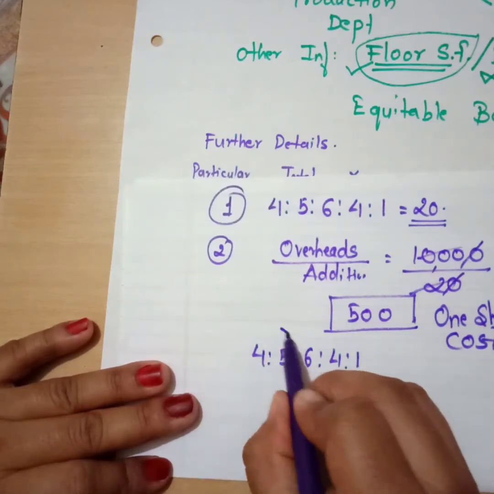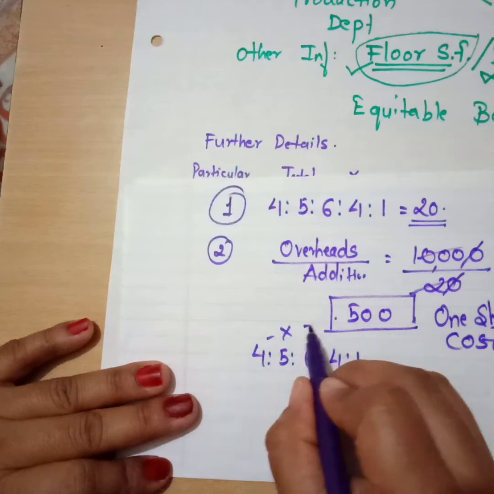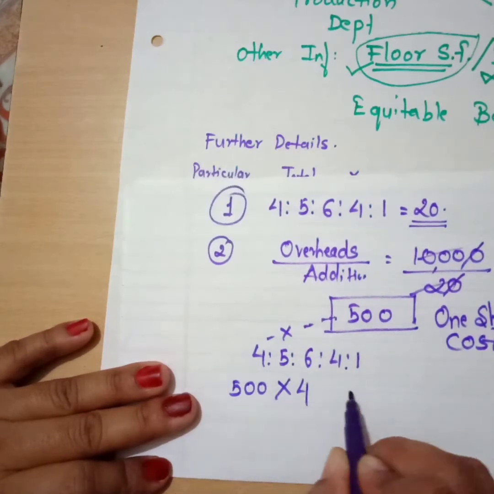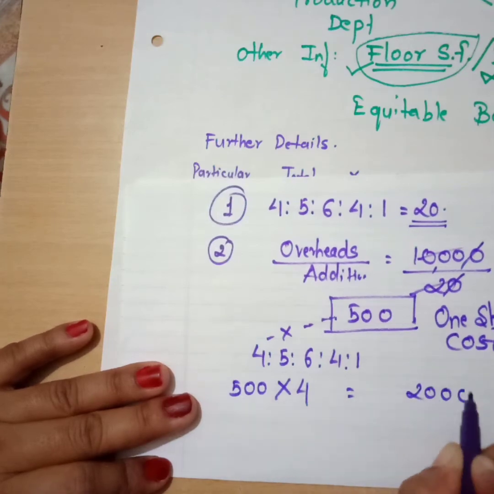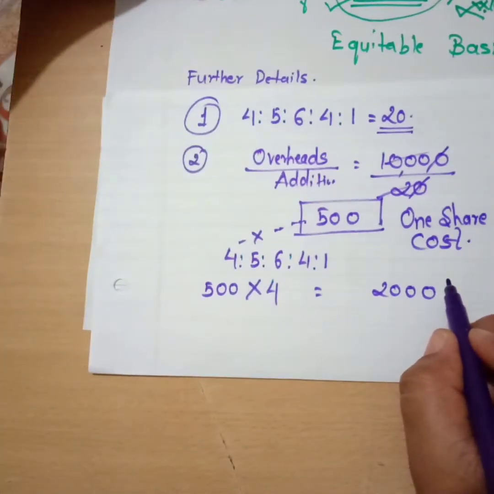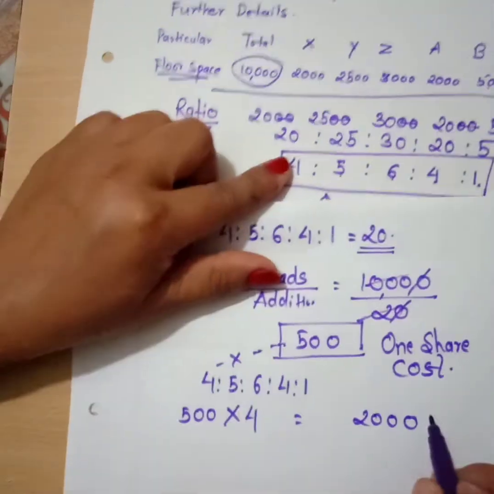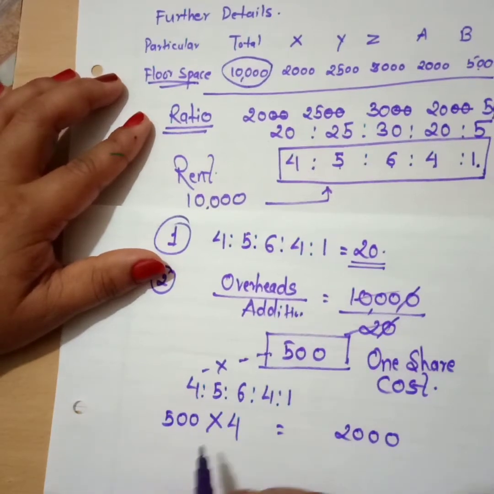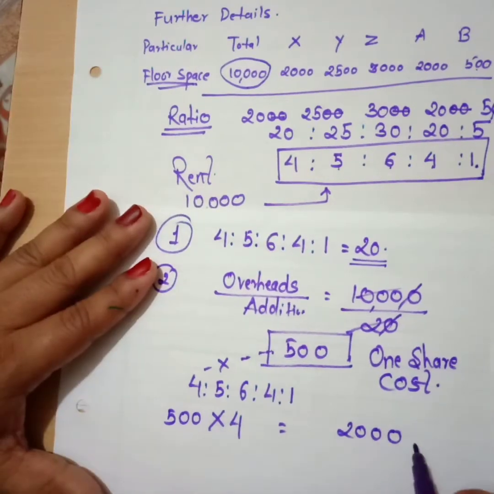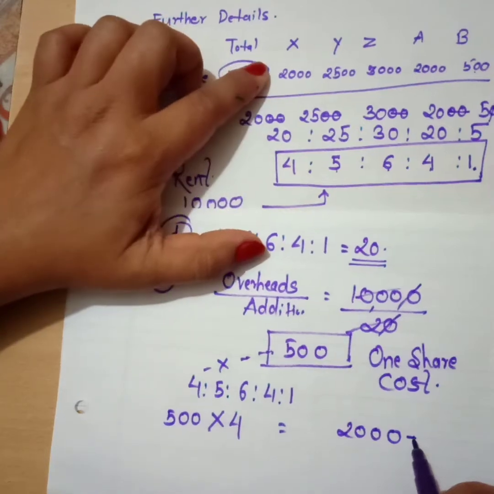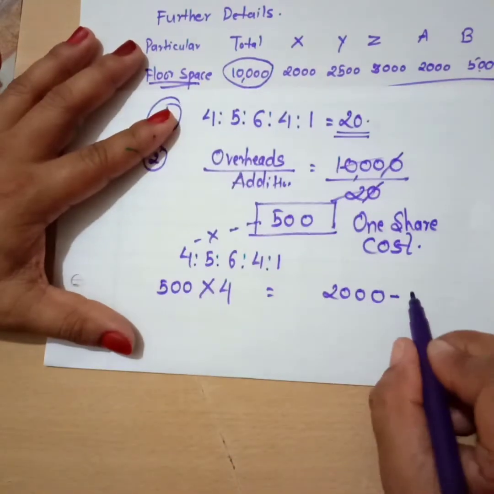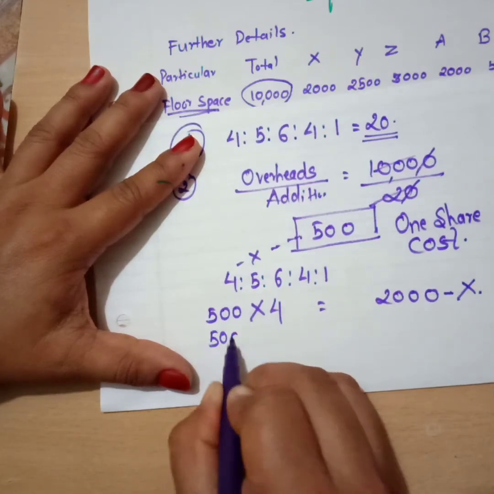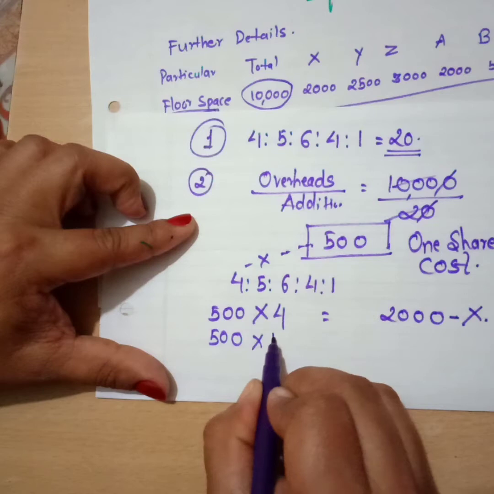Now, 500 multiplied by 4 comes to 2000. 2000 will be the share of department X. So we'll write department X. Then next is 500 multiplied by 5.